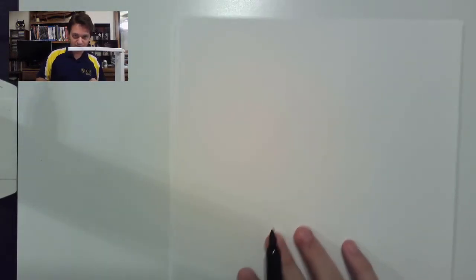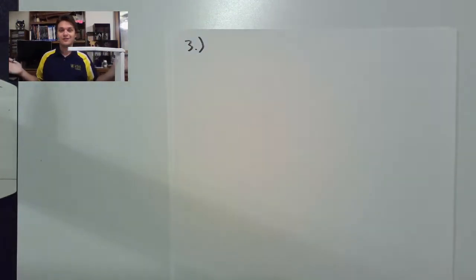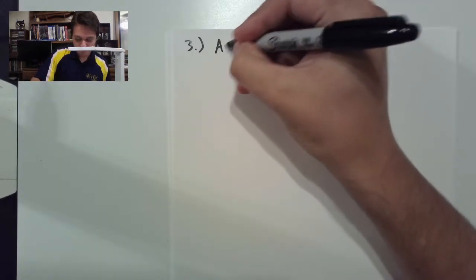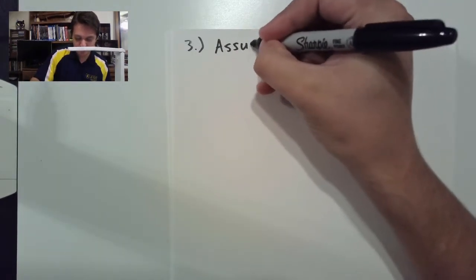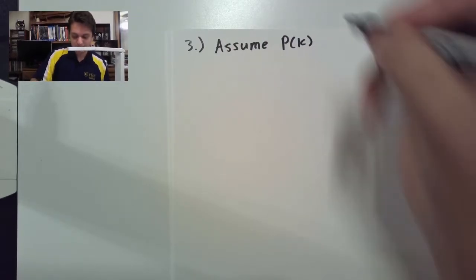Now our step 3 is a little bit different from the official step 3. Remember, the official instructions for a proof by induction say to prove a base case and then do the induction step. I like to break these down a little more, so I'm going to very explicitly say that we are going to assume P of k. What does that mean?